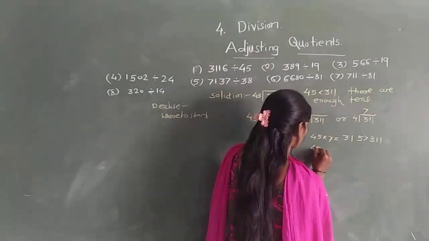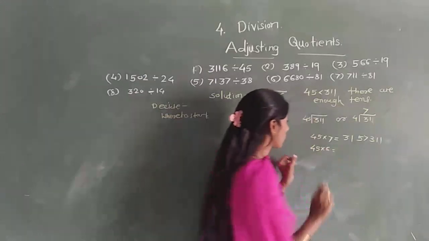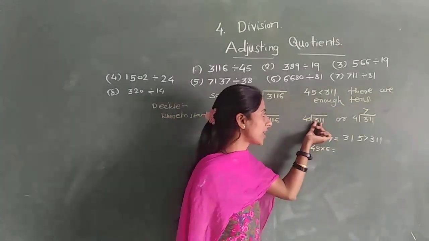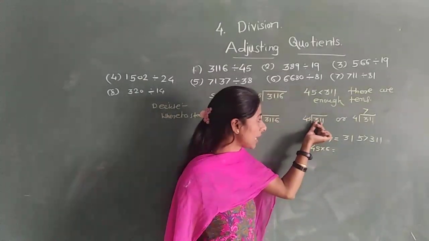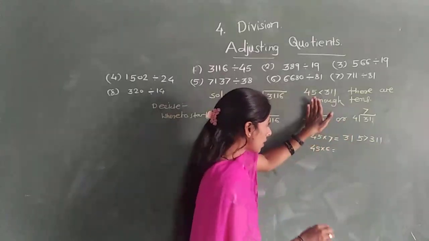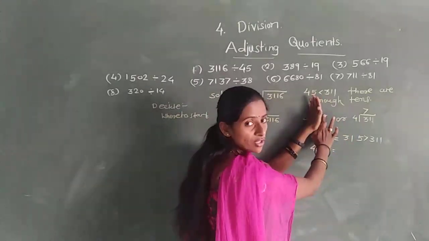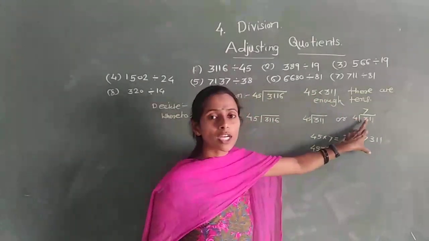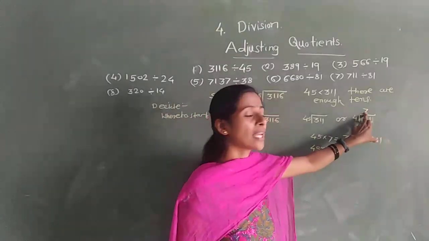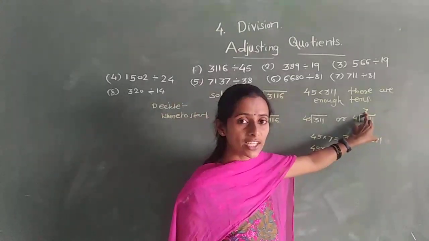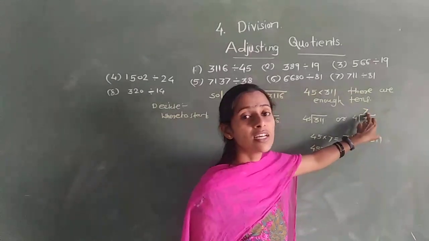Okay, so 45 into 6. 45 is the divisor, 3116 is your dividend, so only consider 4 and 31. Count the table of 4 up to 31: 4 7s are 28, so the estimated quotient is 7.